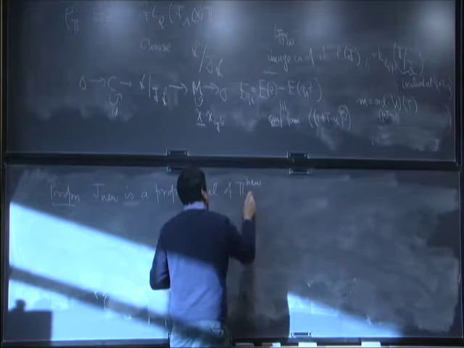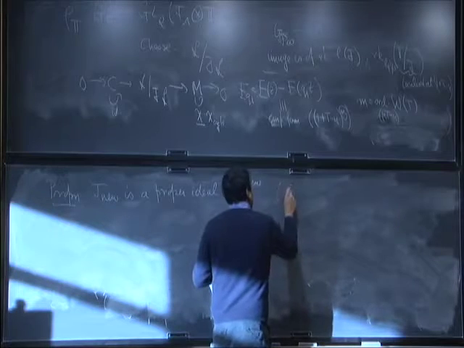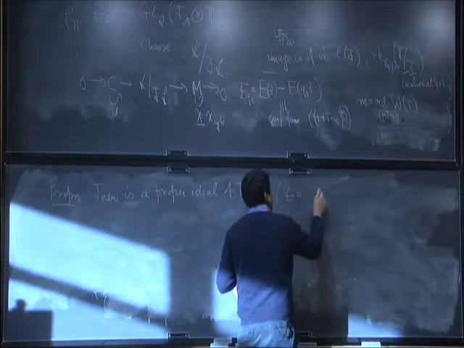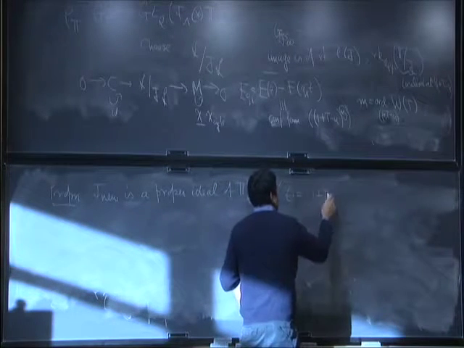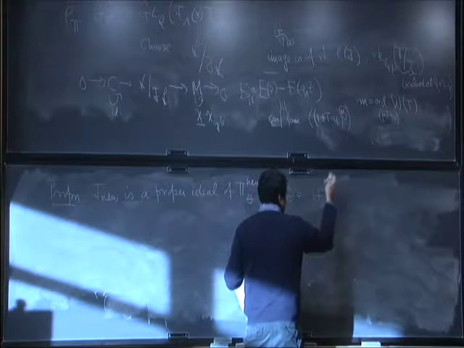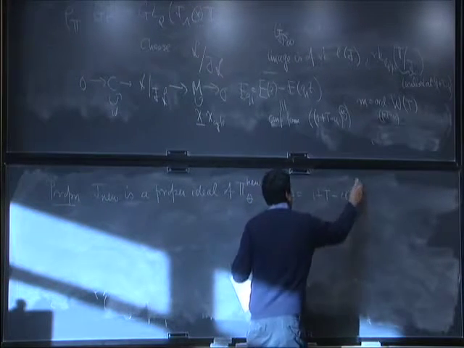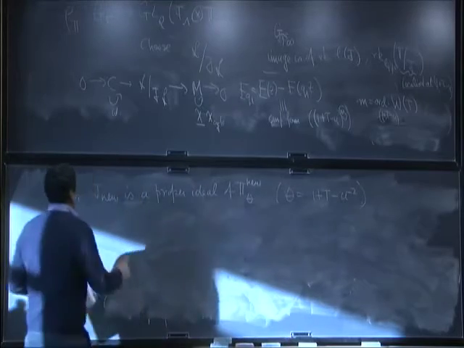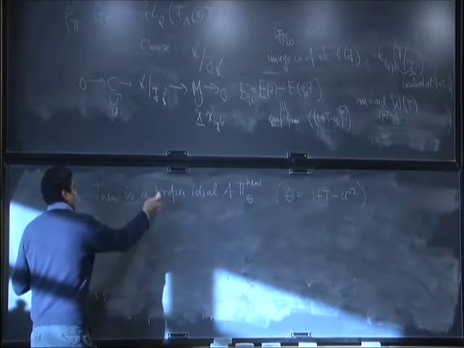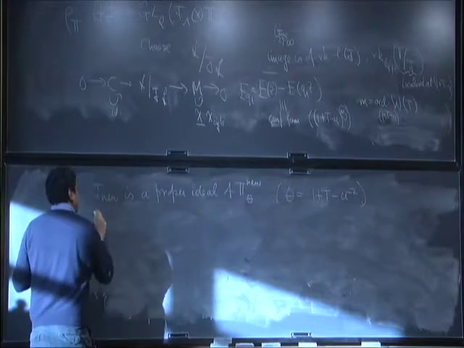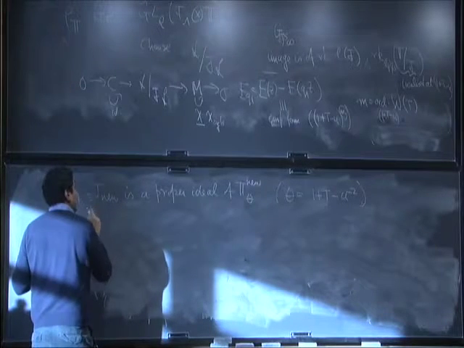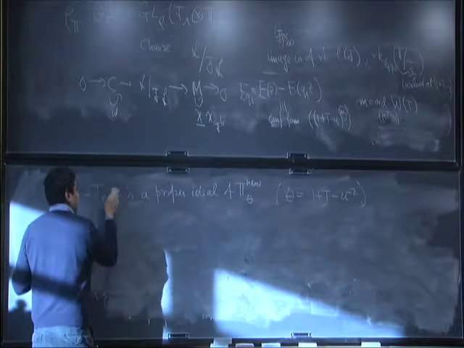Of T nu theta, with localization at theta, where theta is this weight zero specialization of the kind of thing which gives rise to weight zero forms when you go modulo that. And in fact, this just follows from this construction. And what is more, and this is a slightly different fact, it is in fact a maximal ideal.